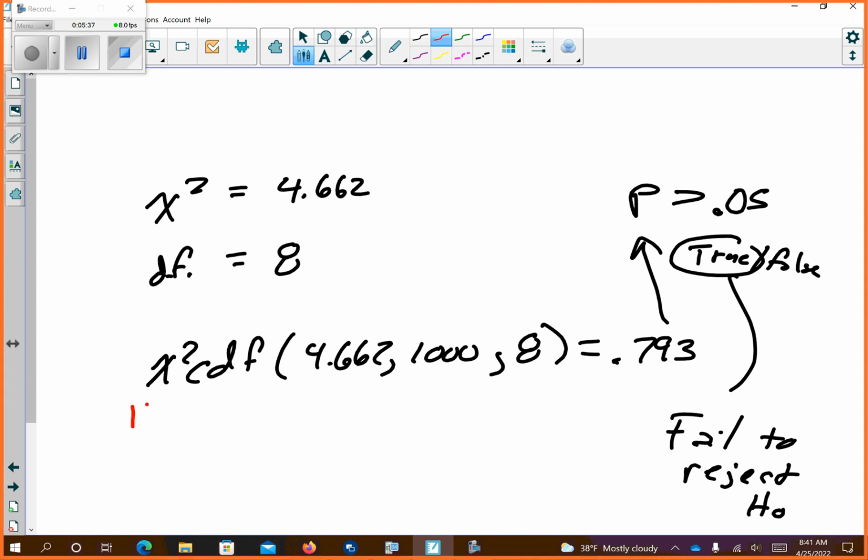I think we had done the null back there, that these were all equal. And the alternative is they are not equal. Okay, so it failed to reject the null.